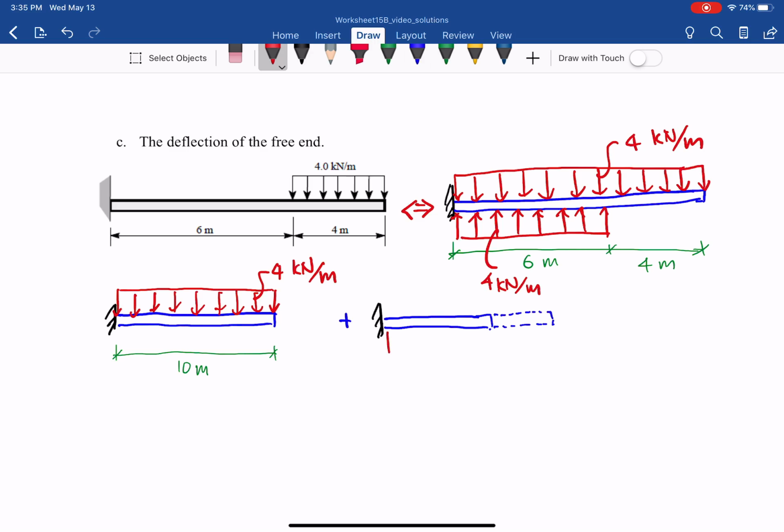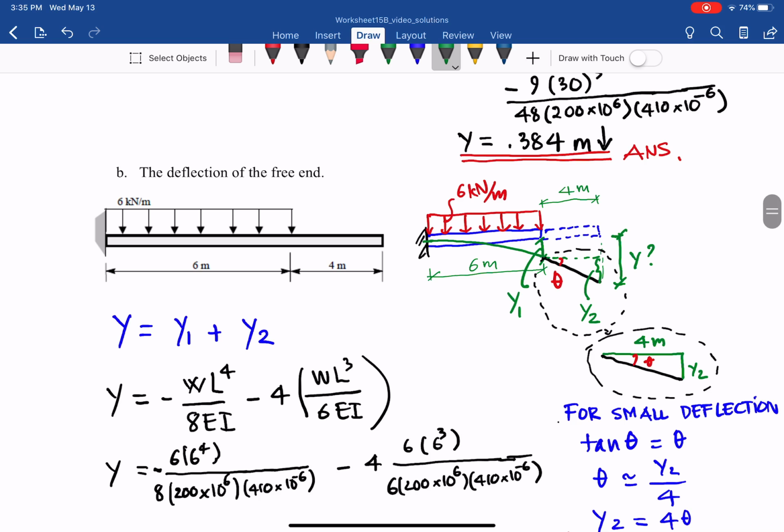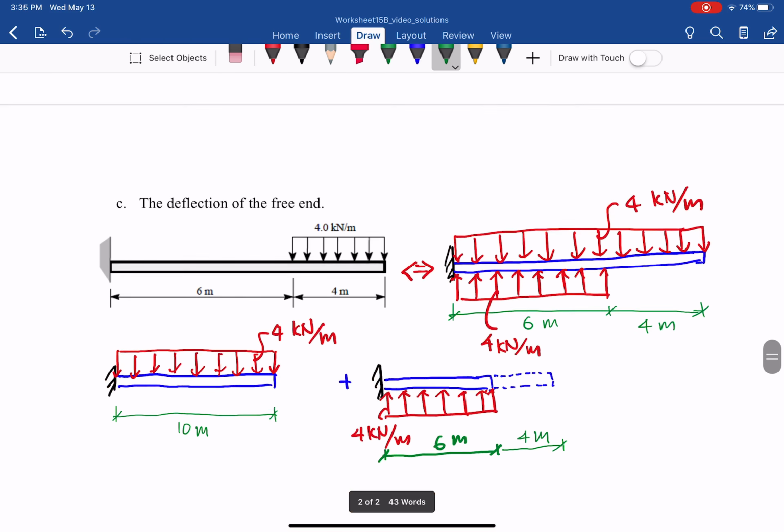And that's a similar concept we applied in B already for the first 4 kilonewton per meter. This is 6 meter, and of course that is 4 meter. And the second part here, as you can see, is exactly the same, just flip the direction of the load for part B that we already did.